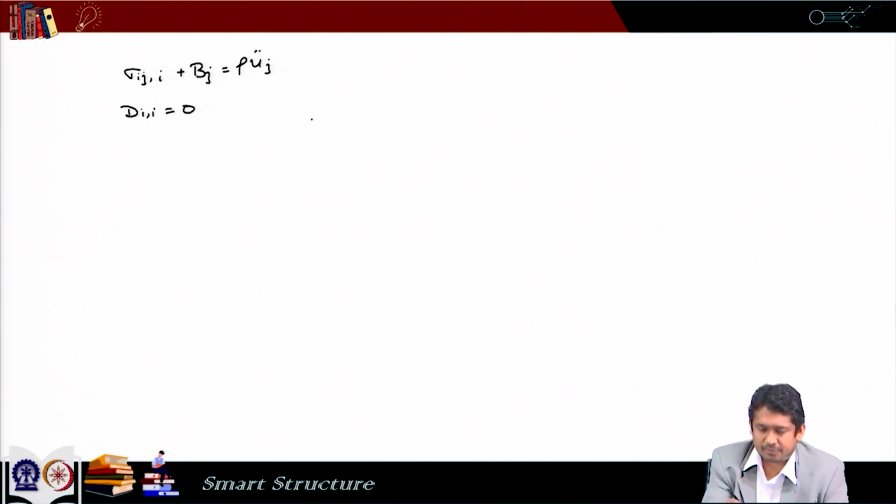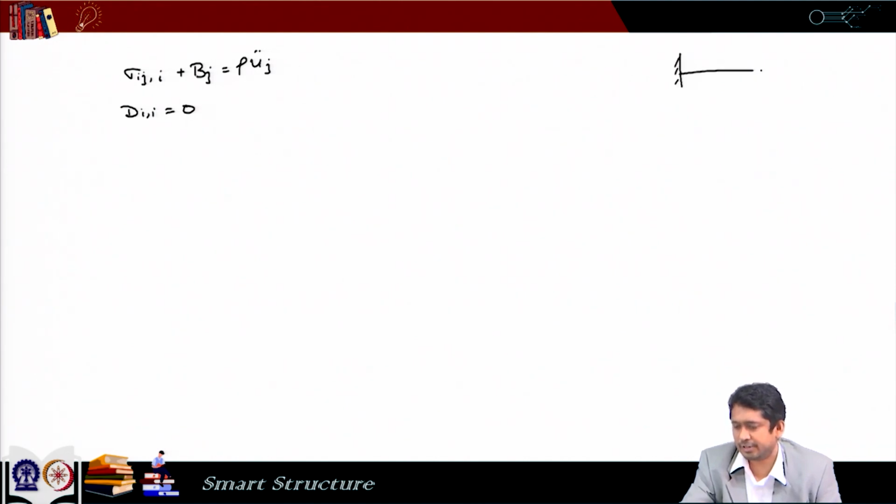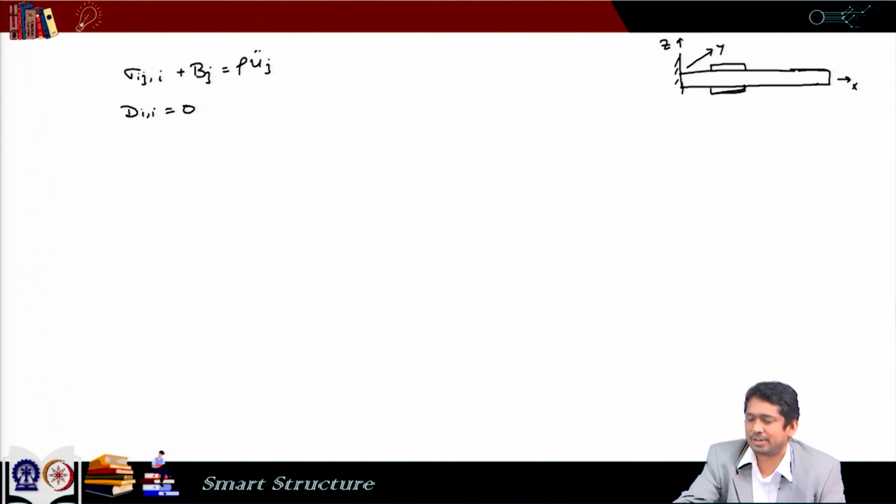Now, if we again have our beam under consideration, with x as the axial dimension, z as the vertical dimension, and y as the other out of plane dimension, let us consider this.